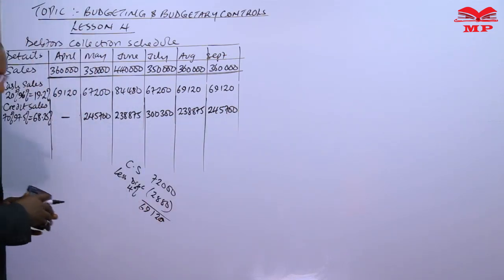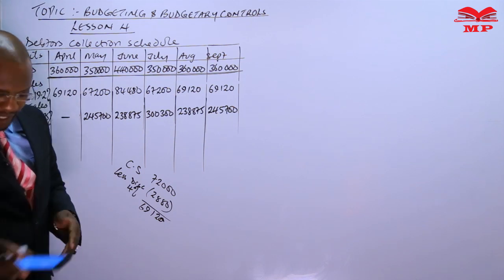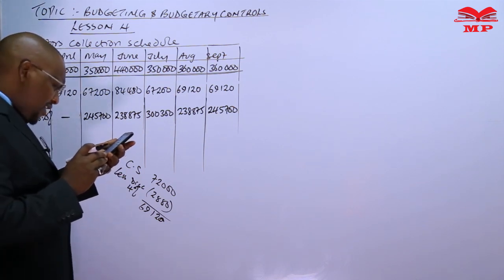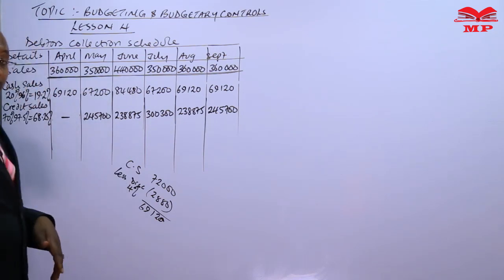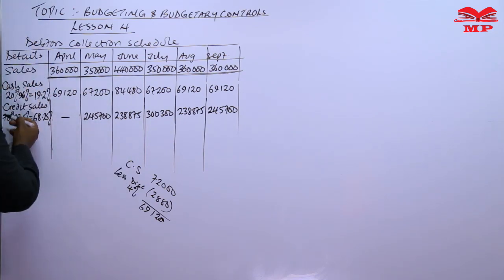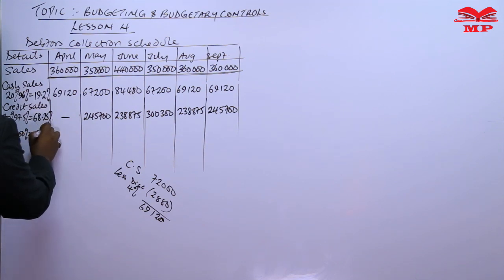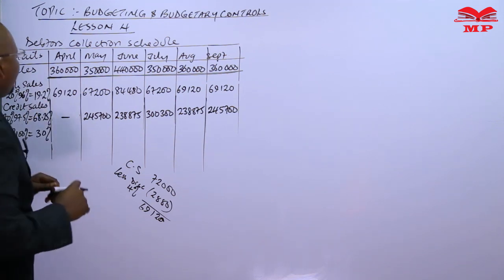Then we have the other one. For the other credit sales, we are told what percentage. The other debtors pay within 2 months without discount. So this is 20, this is 70. The balance is now the 30% with no discount. This is 30% of 100% because we are going to collect everything.